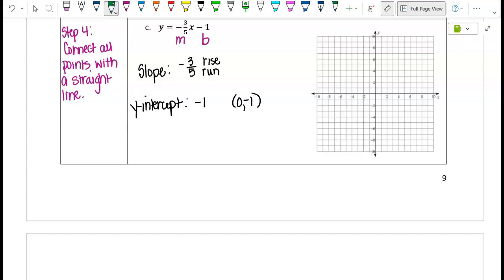And again, I start by graphing my y-intercept, so 0, negative 1. Now this one, because of that negative, I'm going to go down 3, 5 to the right.